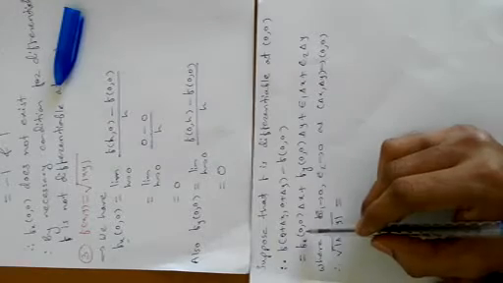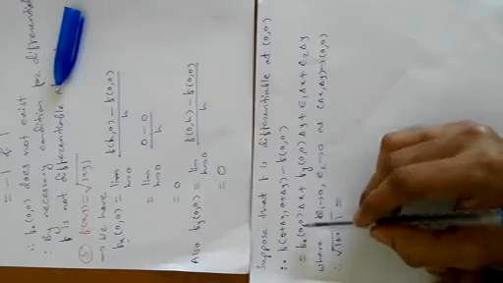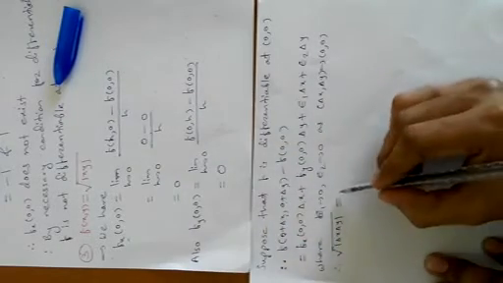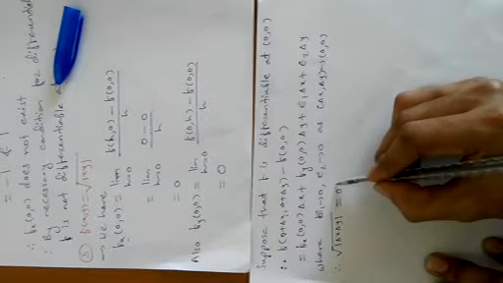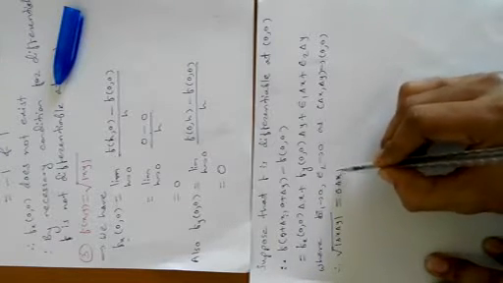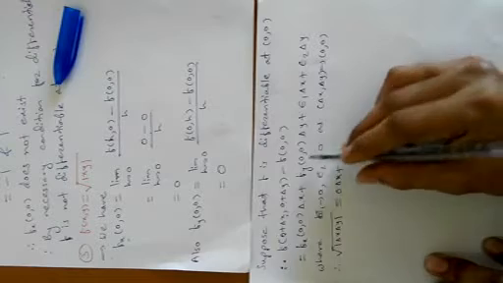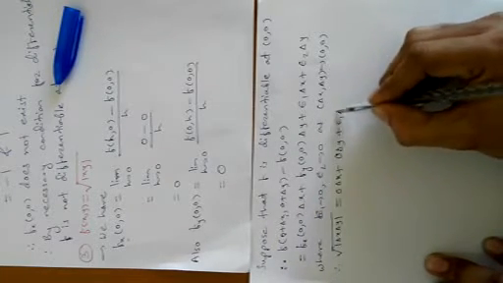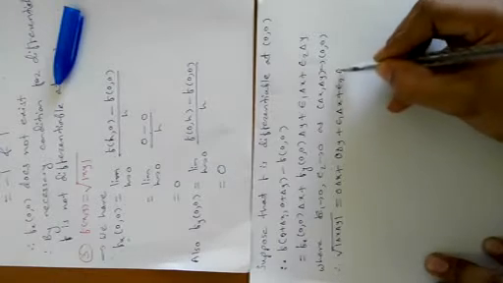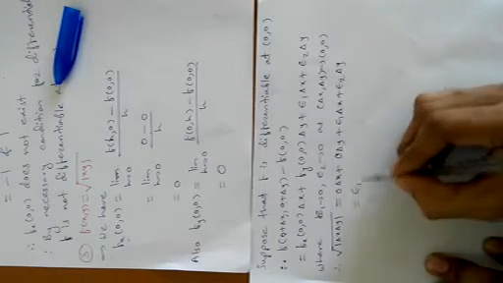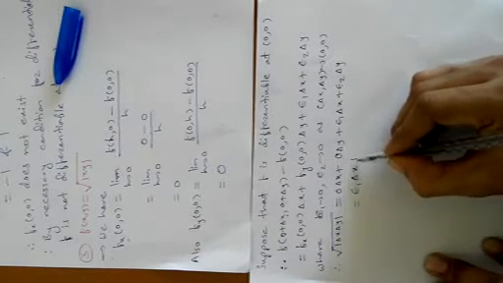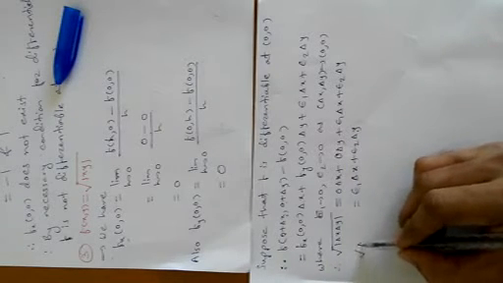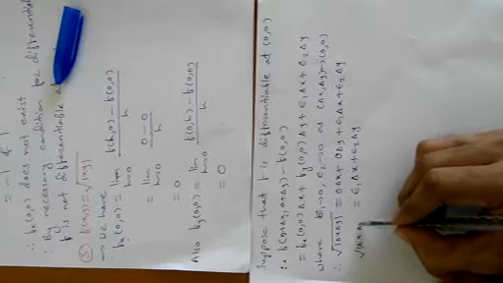We have already found fx at 0, 0 is 0, so 0 into delta x plus fy again 0 into delta y plus epsilon 1 delta x plus epsilon 2 delta y. That means epsilon 1 delta x plus epsilon 2 delta y. And the left hand side is under root mod of delta x into delta y.